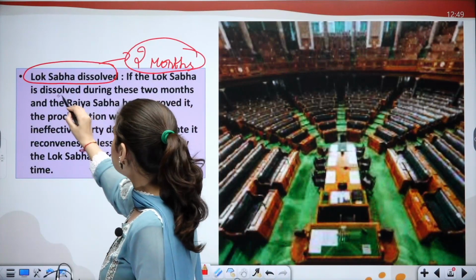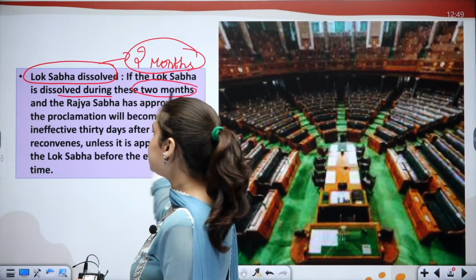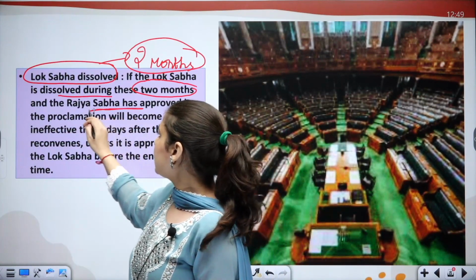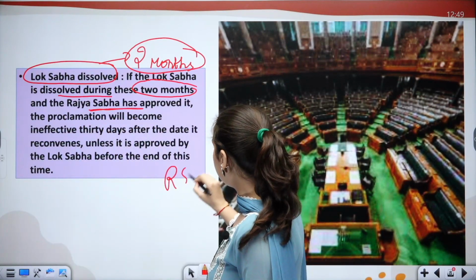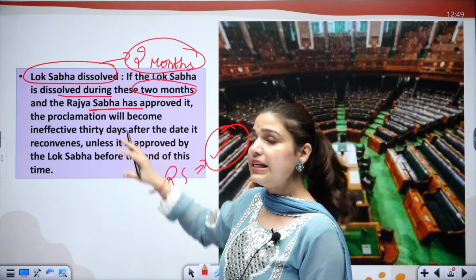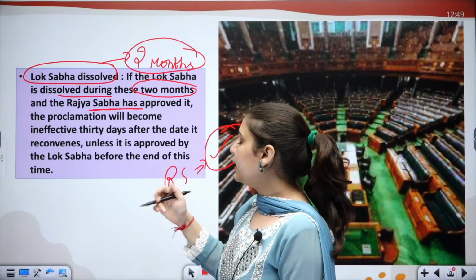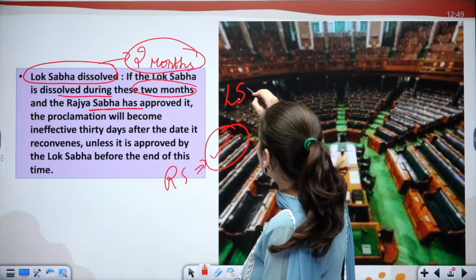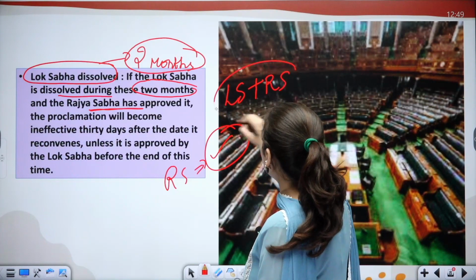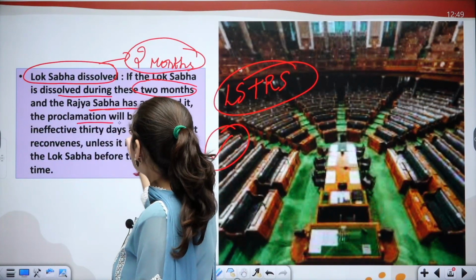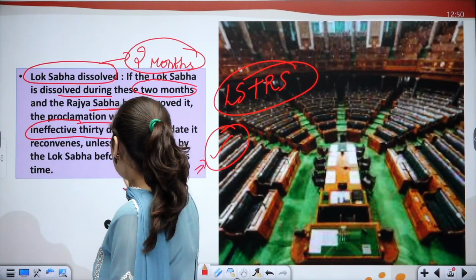If the Lok Sabha is dissolved during these 2 months, and meanwhile the Rajya Sabha approves that proclamation, what will happen? We have seen that approval of both houses is required for this proclamation.